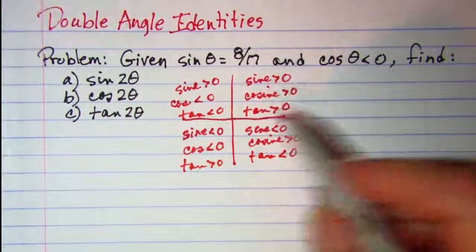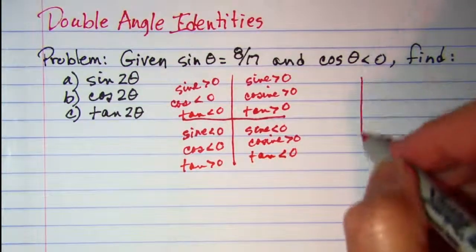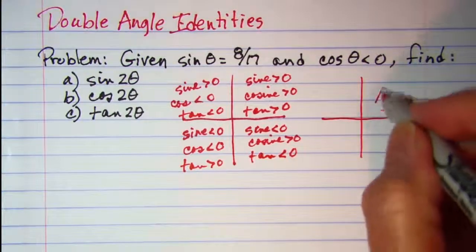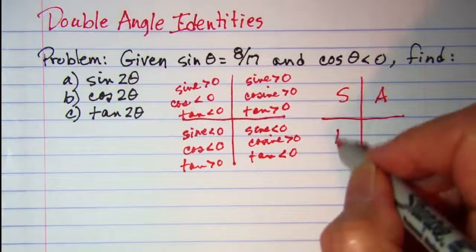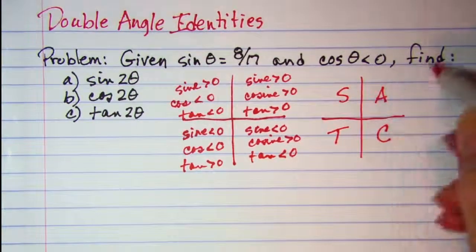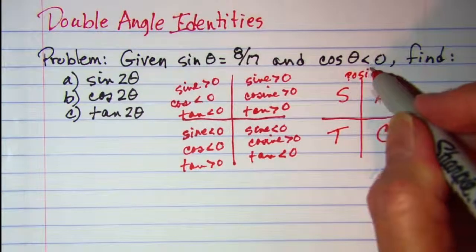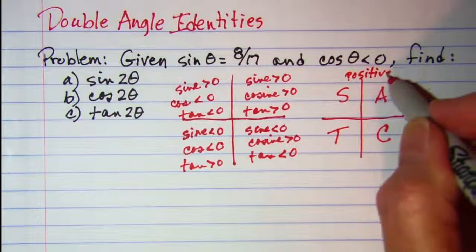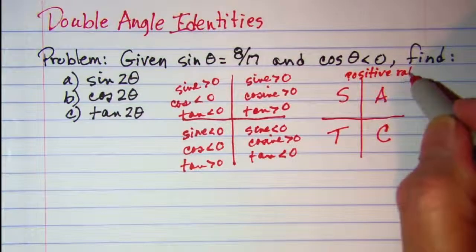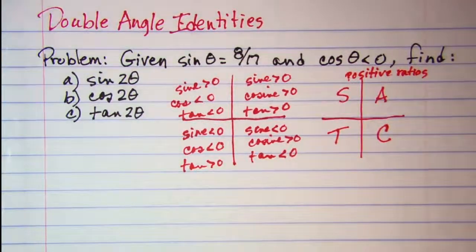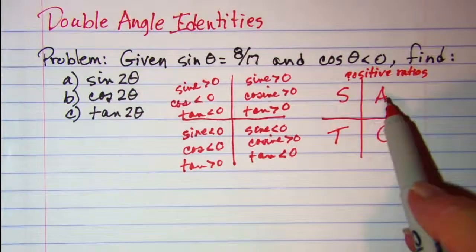And there's a little saying that goes with that. All students take calculus, and this shows positive trig ratios. So all of the trig ratios are positive in quadrant 1.